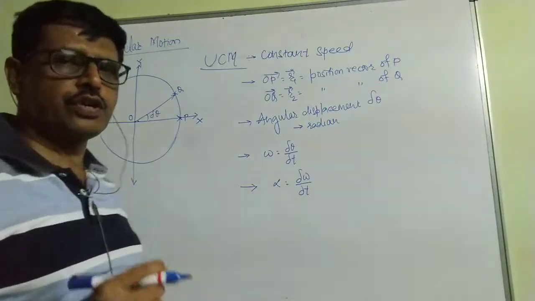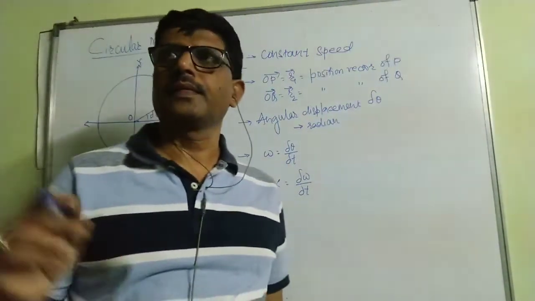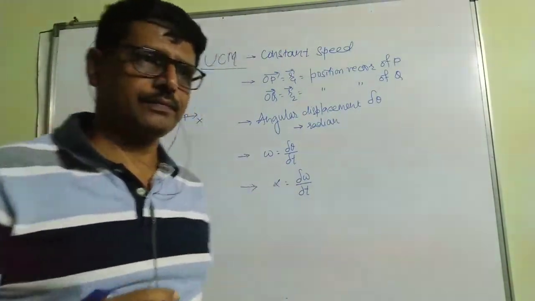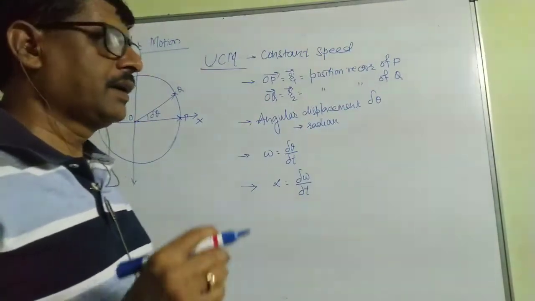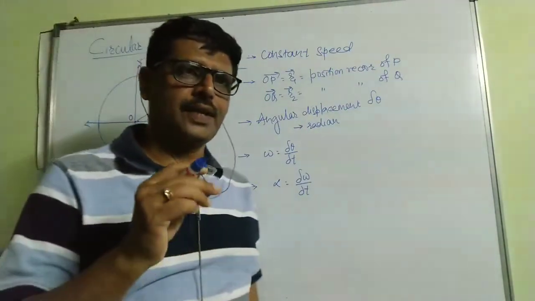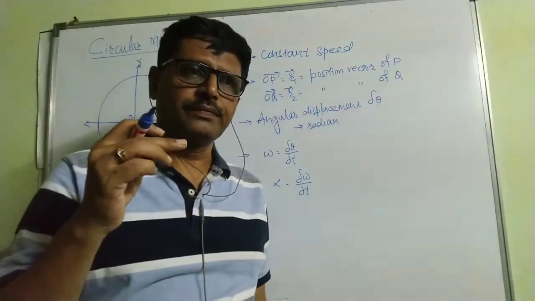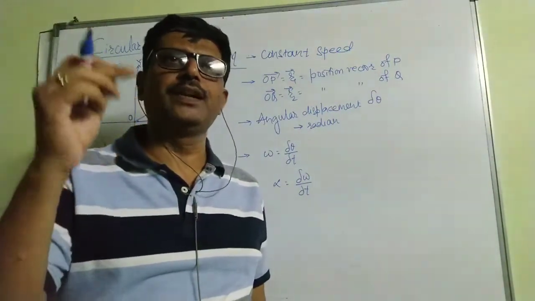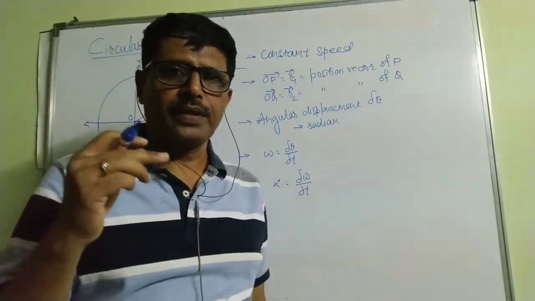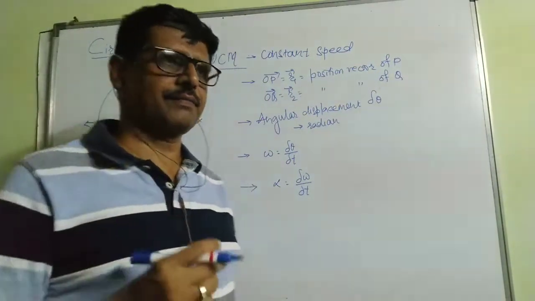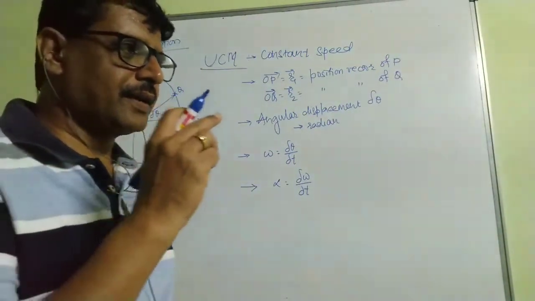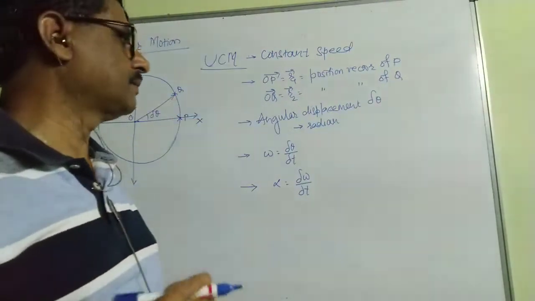When you switch on a fan, initially there is an increase in the angular velocity. The speed of revolution of the fan increases, then it comes to a constant speed.